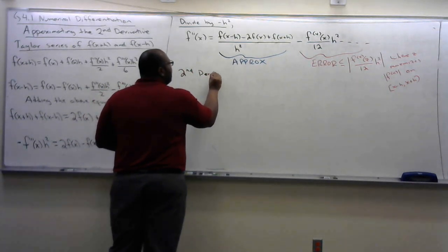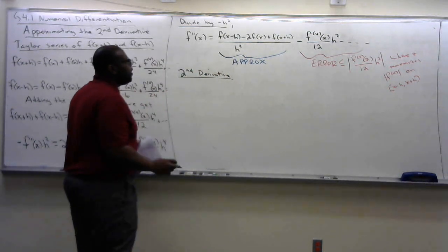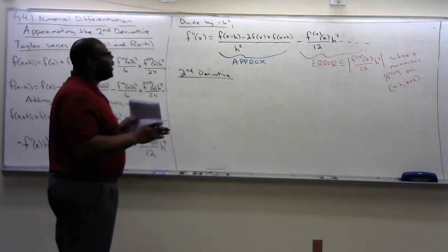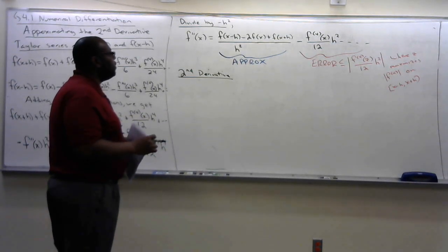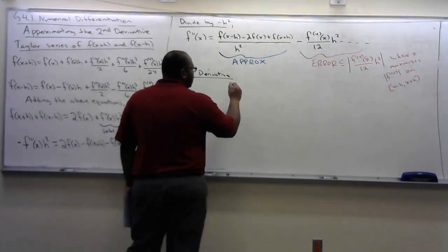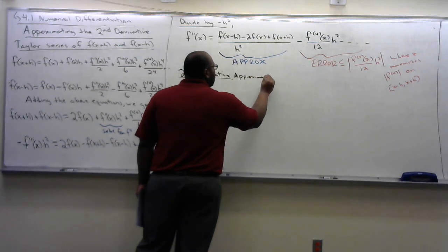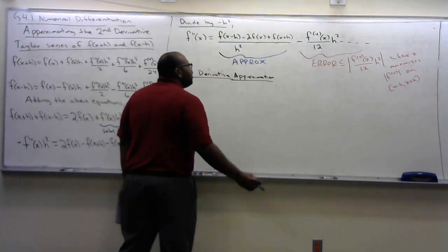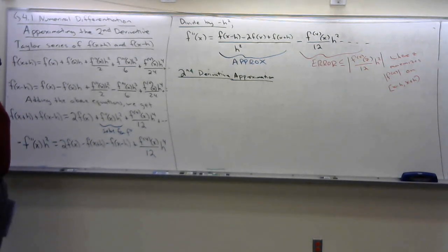Notice that this looks like a midpoint formula, right? It kind of does, right? Because we're looking at values to the left and to the right of f of x to be able to approximate the derivative. There are multiple, and so this is a 3-point formula. Just like the first derivative, there are different ways of approximating the second derivative.